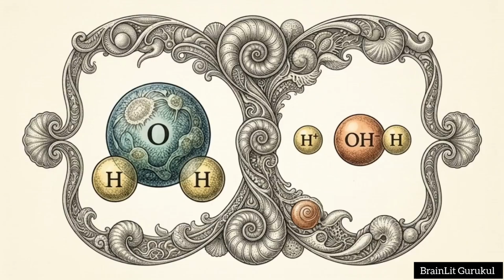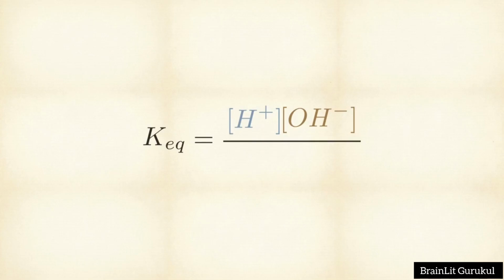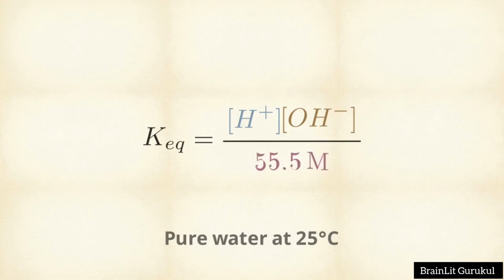To measure the extent of this ionization, we use an equilibrium constant, known as Keq. This constant is defined by the concentration of the products, hydrogen and hydroxide ions, divided by the concentration of the reactant, which is the intact water molecule. At 25 degrees Celsius, the concentration of pure water is a constant 55.5 molar.